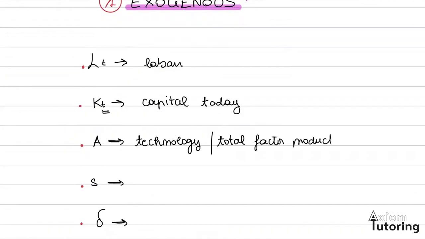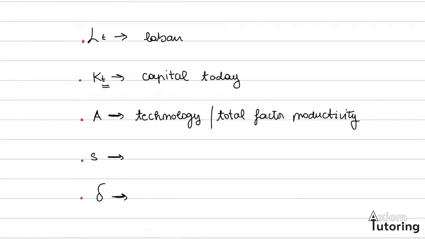Let's pause a minute to think about what this technology or total factor productivity really is. It identifies the proportion of output if, again, we recall the production function looks like something like this. So we have A that multiplies F of KT, LT. And so this is the A that we're talking about.